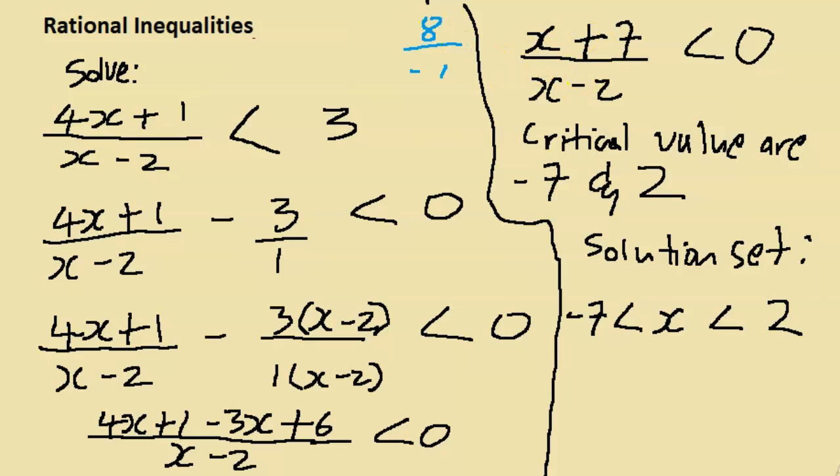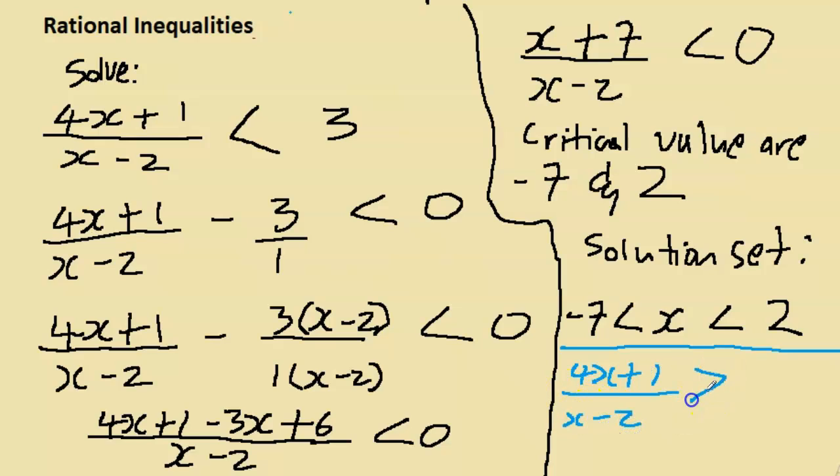Which means, therefore, that if the problem was separated, let's say the question was, you're asked to solve 4x plus 1 over x minus 2 greater than 3. Same problem, but the symbol is in the other direction.